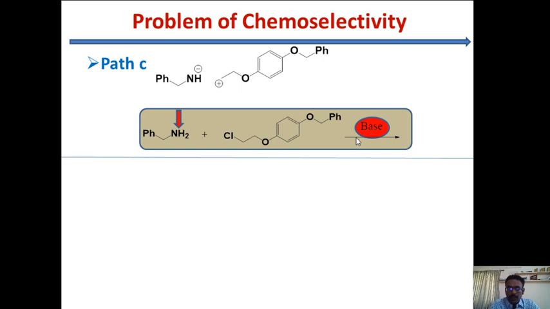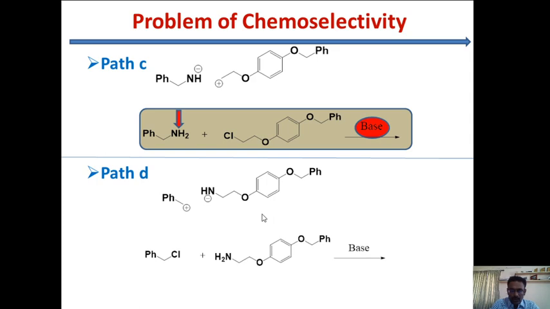Now you have to look at the breaking of bond D, where you will have again synthons, one anion, one nucleophile and an electrophile. If you find the corresponding synthetic equivalents, these are the synthetic equivalents for those synthons.